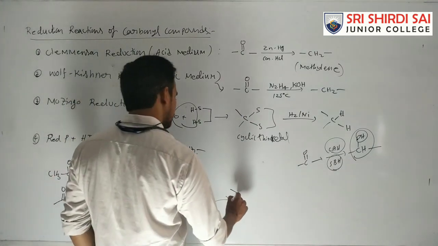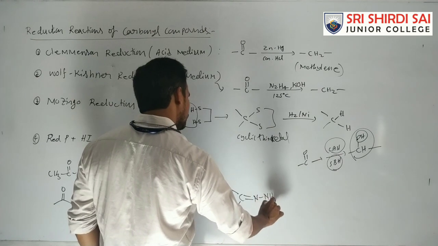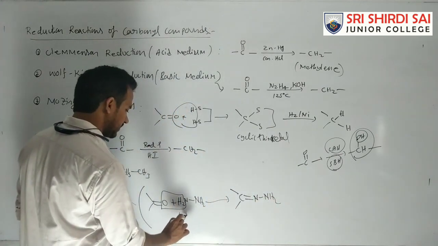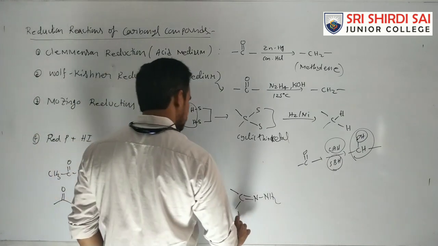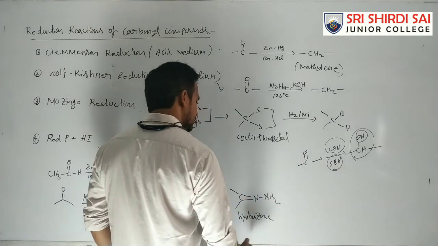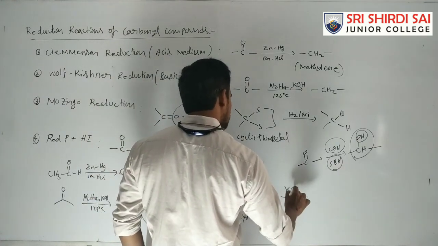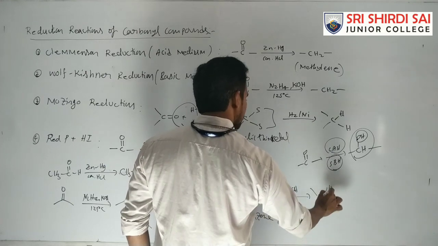So we get the addition-elimination product, that is a hydrazone. This is hydrazine. This is hydrazone. Now on treating with KOH at a high temperature, it is converted to alkane.